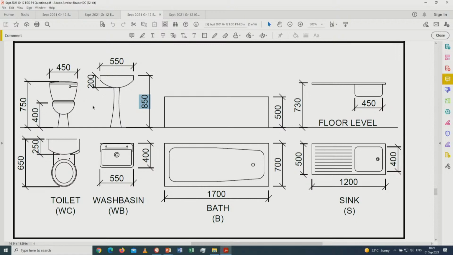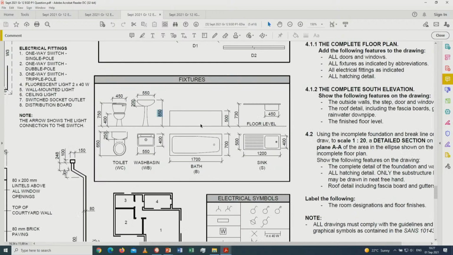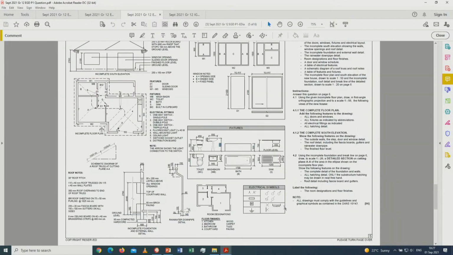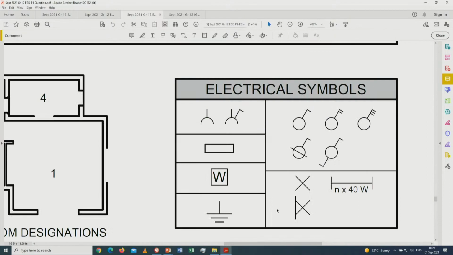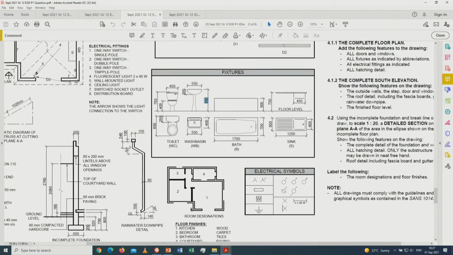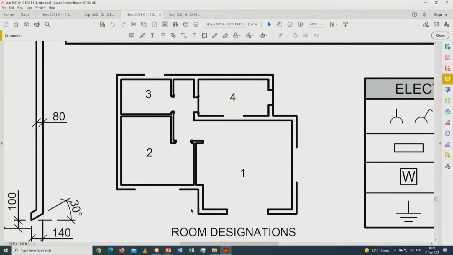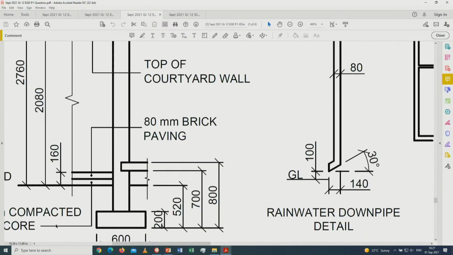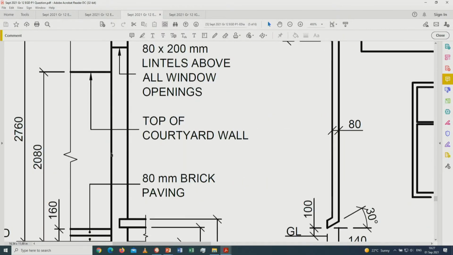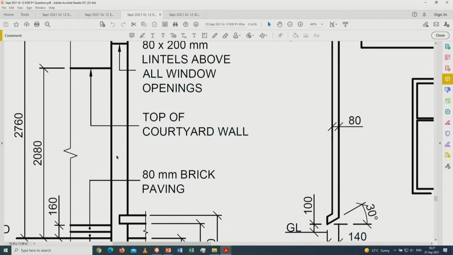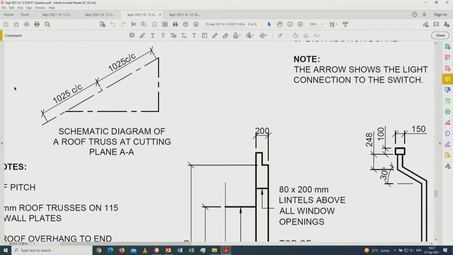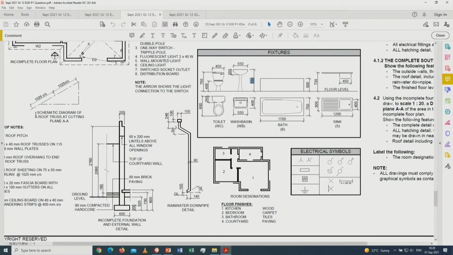So scales is basically tested in numerous ways, in plenty of ways in this exam paper itself. All right, symbols comes from grade 10, grade 11, so that is low order questions. Room designation, grade 10 content, low order questions. This is your low order, this is your medium order for a window or a door or something like that, and this part over here of the roof truss will be the high order question that the learner can get.